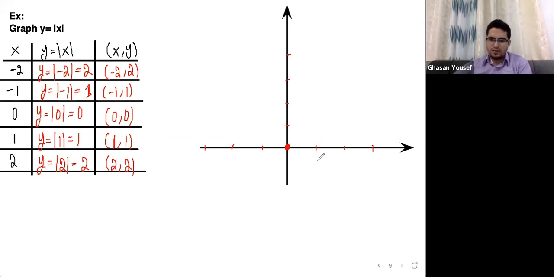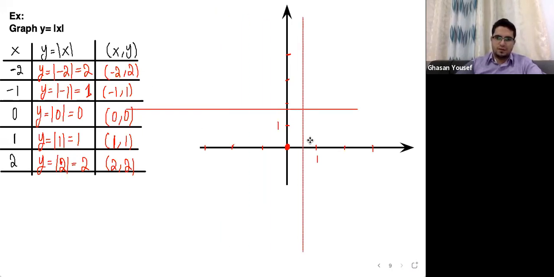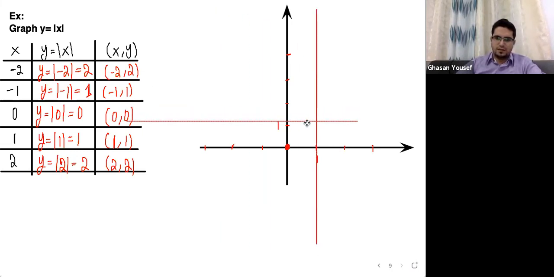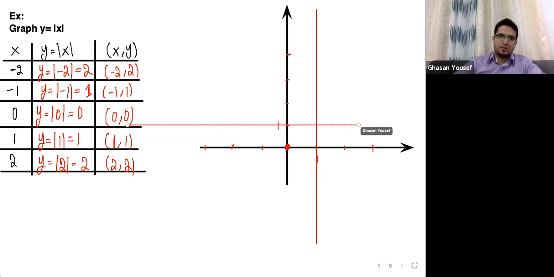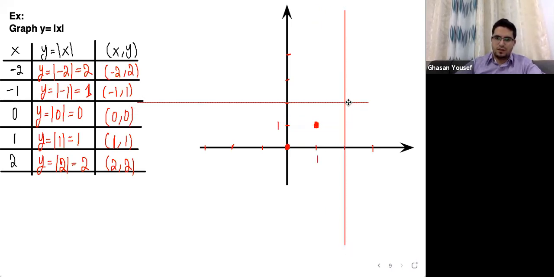So this is 1 here, and this is 1, so the point will be around here. The third point is (2, 2). So at x equals 2, the y coordinate is 2. So here is the 2.